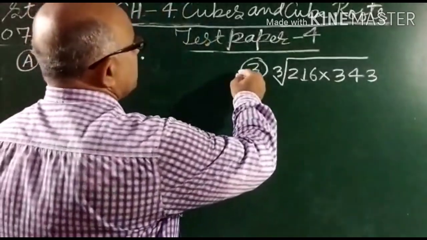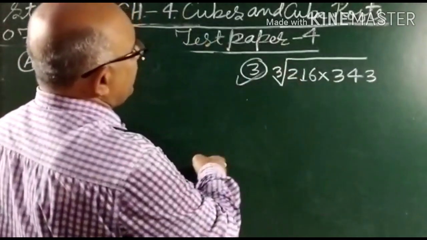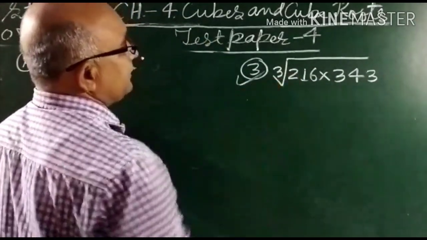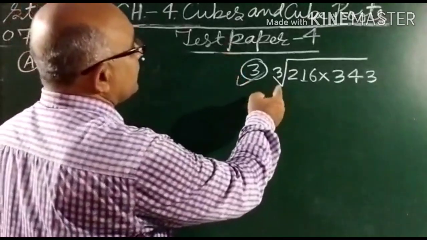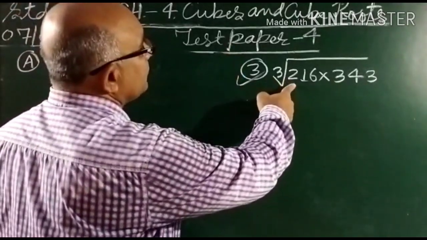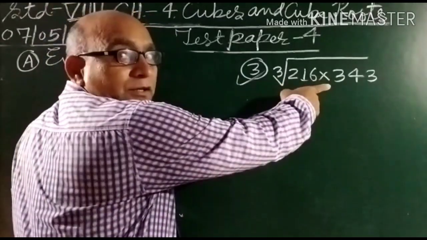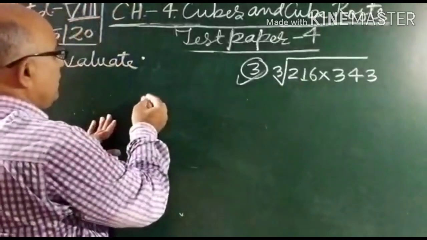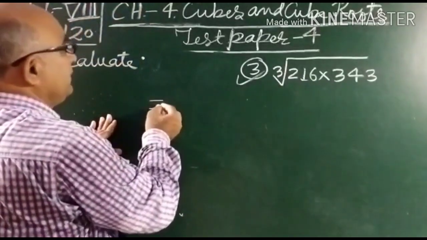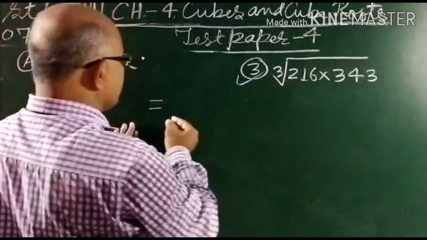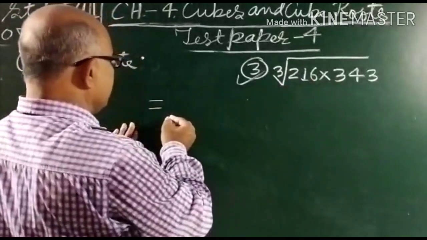Students, I am solving question number 3 of test paper 4. Cube root of 216 into 343. So find the factors of 216 and 343.